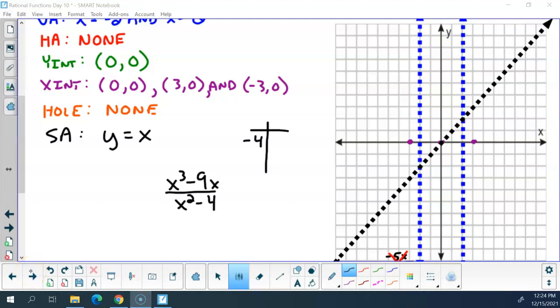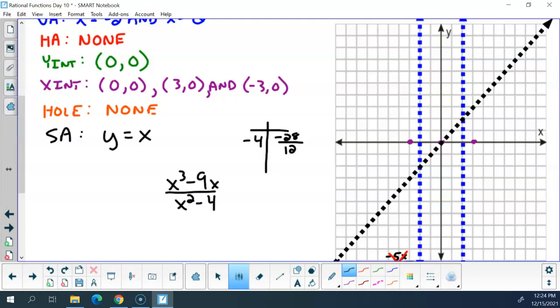So if I plug in negative 4, that gets me negative 4 cubed is negative 64. 9 times negative 4 is negative 36. Negative 64 minus negative 36 is negative 28. Negative 4 squared is 16, minus 4 is 12.